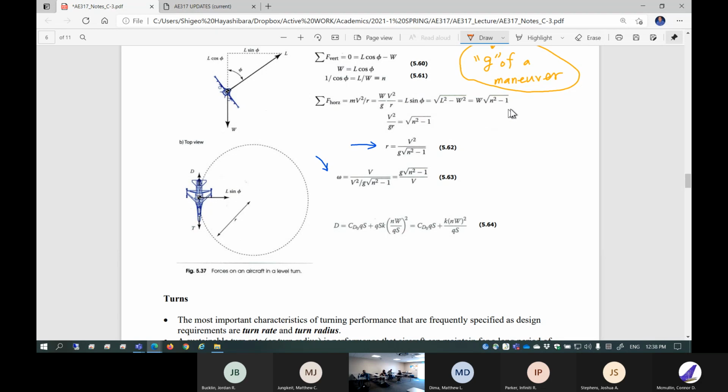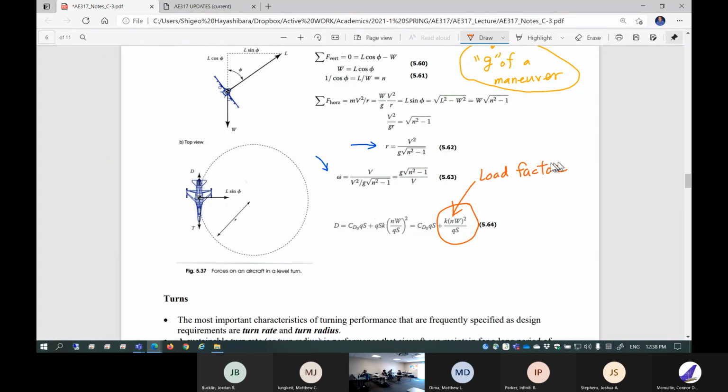Anybody? Drag is increasing. Why is drag increasing? Because lift is increasing. What kind of drag are you thinking about increasing? Induced drag is increasing. Drag due to lift is induced drag. It is going to increase. How much? This much. Again, load factor comes into play.